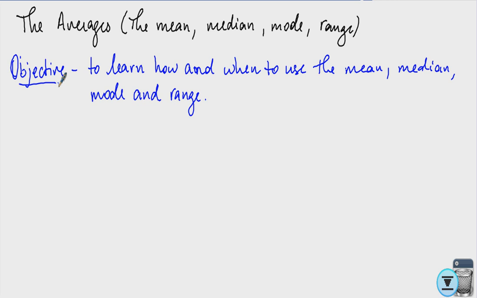So I'm going to start explaining them one by one, and I'm going to start from the mean, which, by the way, is, I think, the most difficult one of them all. So the mean is what we usually refer to as the average. They are all averages, so it's not just the mean, but the mean is the most common average which is used.